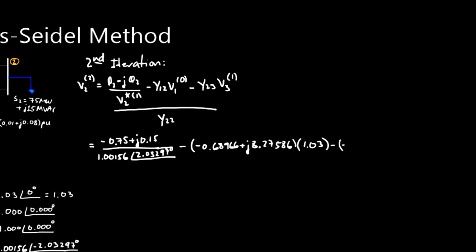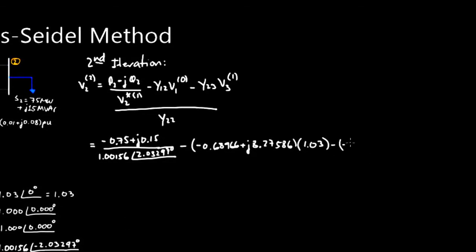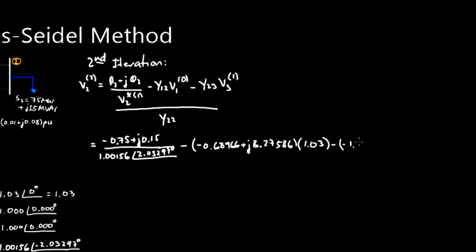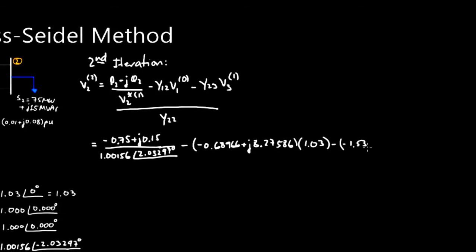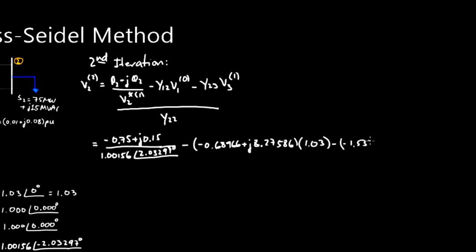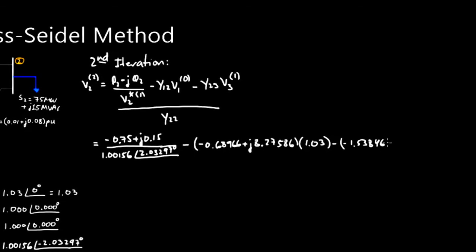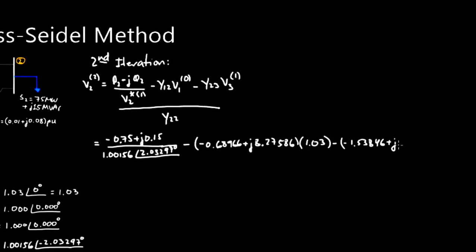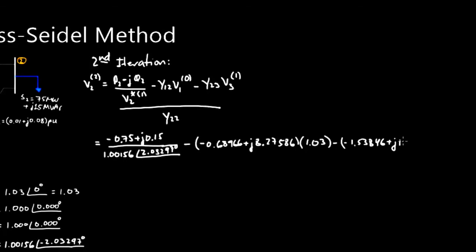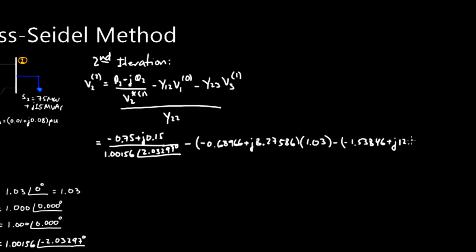So the opposite of that would be minus 1.53846 plus J12.30769.